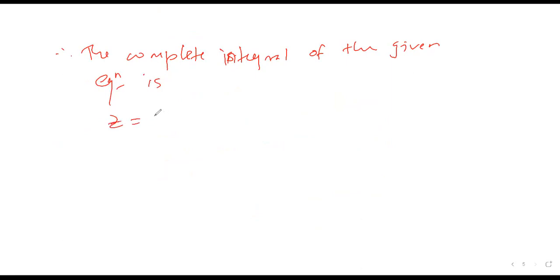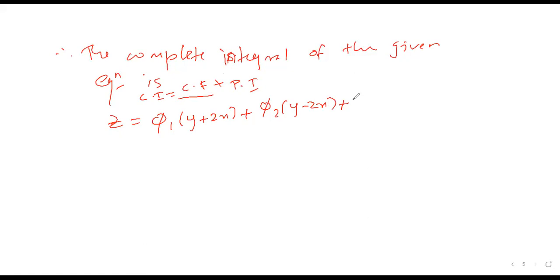Already we have found CF plus PI, no? So it just substitutes. The complete integral will be the CF we have found, phi 1 of y plus 2x plus phi 2 of y minus 2x, and the PI we already found, 1 over 20 cos 4x cos 3y.